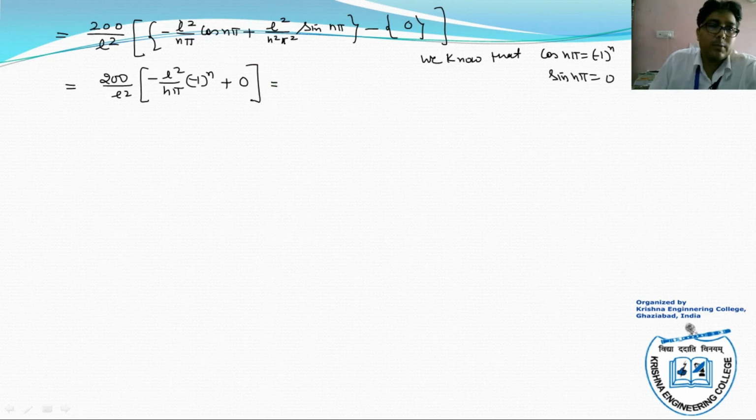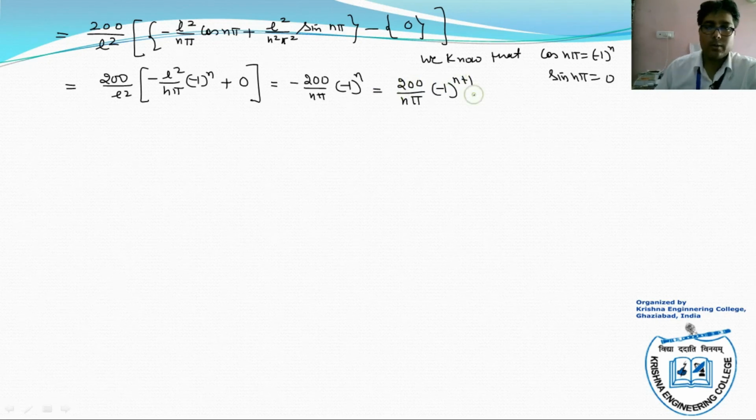So this becomes minus 200 upon n pi into minus 1 to the power n. Also this is written as 200 upon n pi into minus 1 to the power n plus 1.